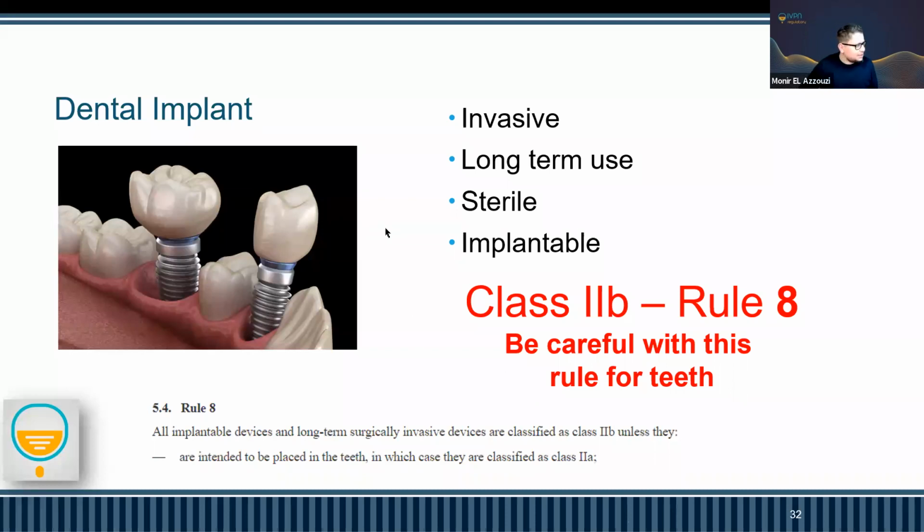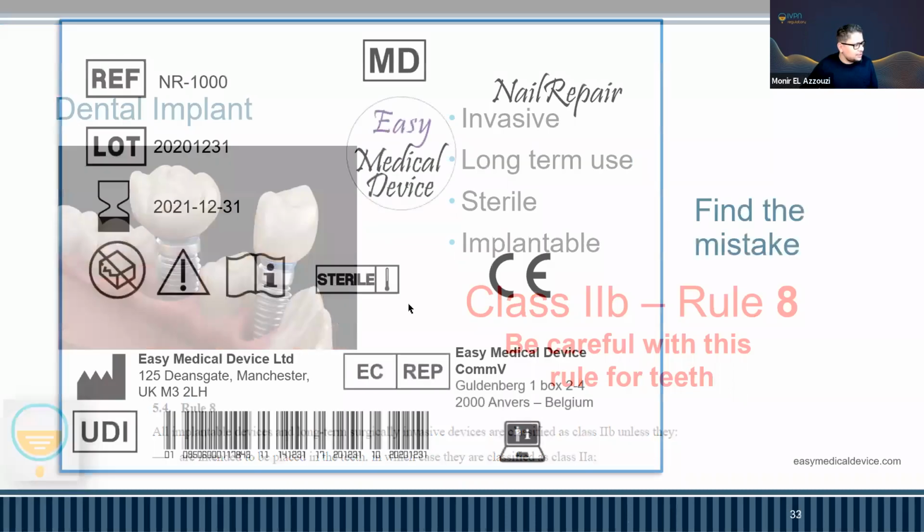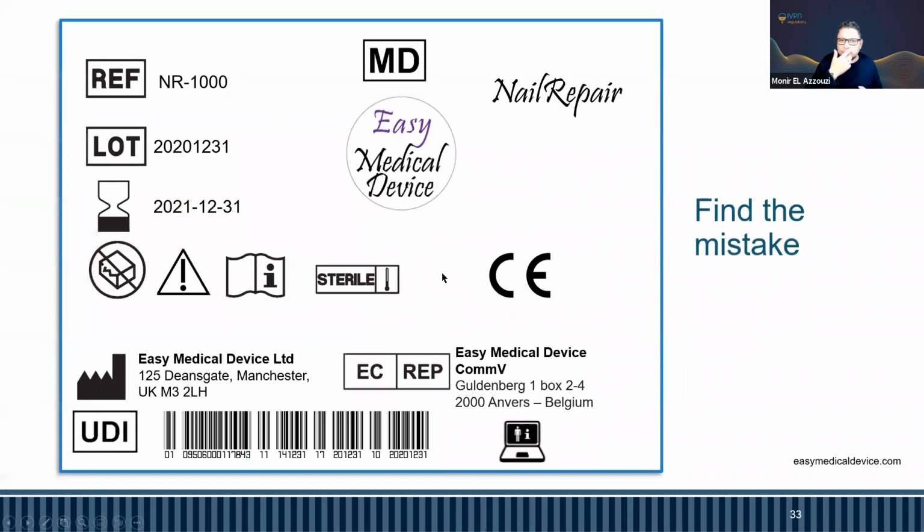A last element that I want to share with you is that sometimes when you are looking at a label of a device, you can already identify devices with the right classification. Here you see the CE marking, alone, there is no number. If the CE marking has a number behind it, then this is the number of the notified body.